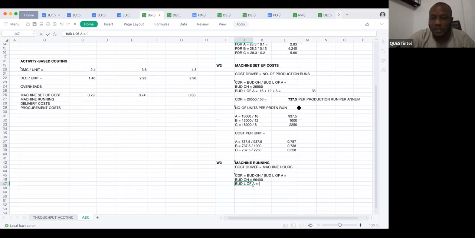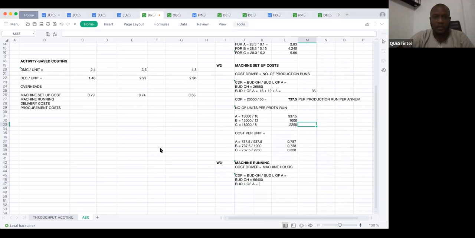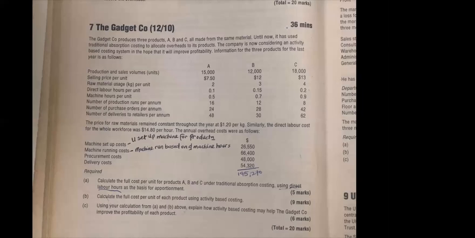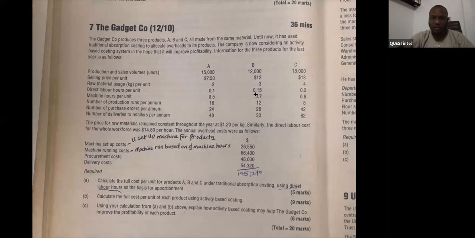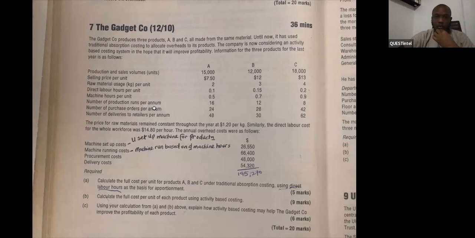So what are our machine hours for A, B, and C? 0.5, 0.7, and 0.9, right? So that's what we're going to use here too.